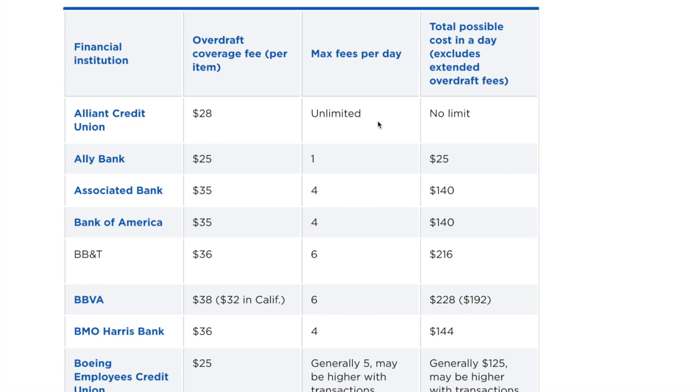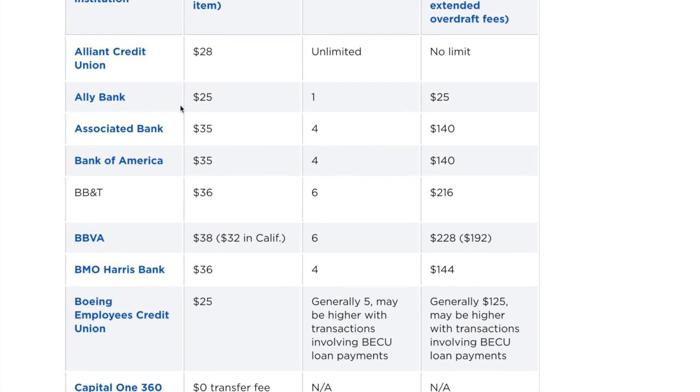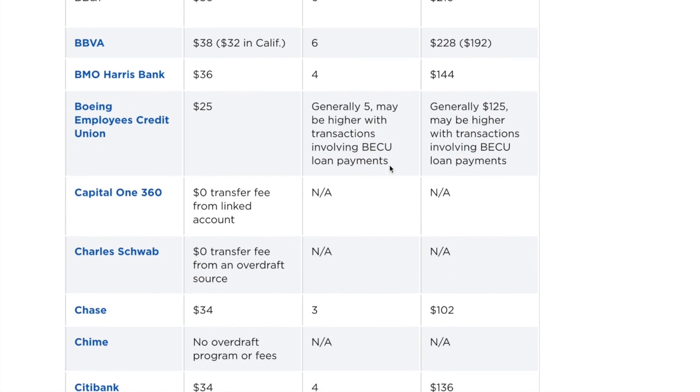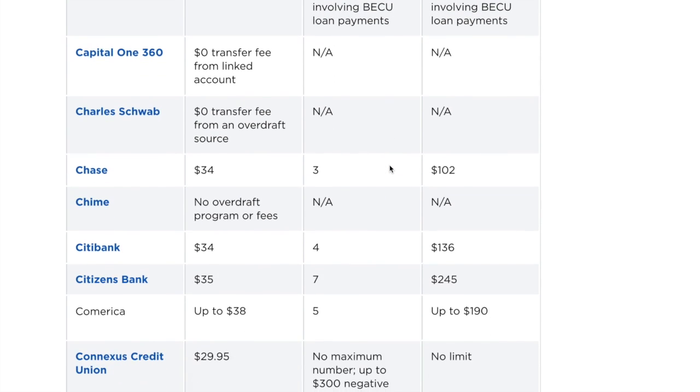Because it's unlimited, there's no limit to the amount of money that you could pay in a day. Some banks have a limit. For example, Bank of America has four fees per day with a maximum amount of $140. So that's how you read this chart.